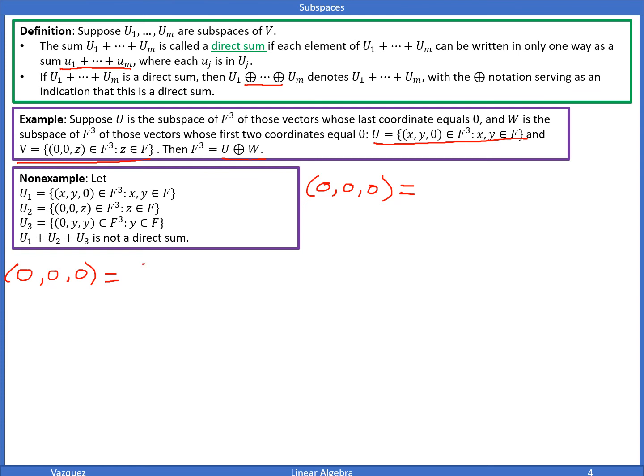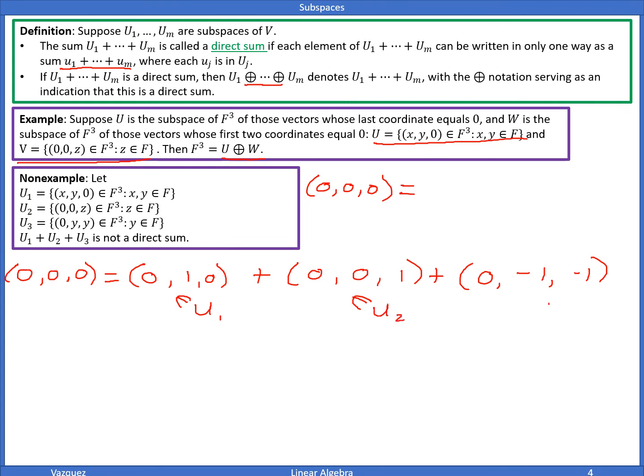Well, we can write this as 0, 1, 0 plus 0, 0, 1 plus 0, negative 1, negative 1. Right? This is an element of U1. This is an element of U2. And this is an element of U3.